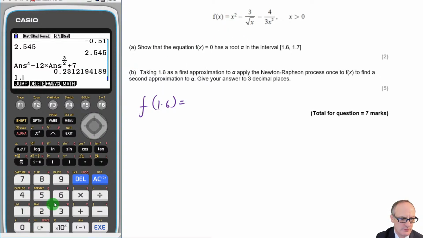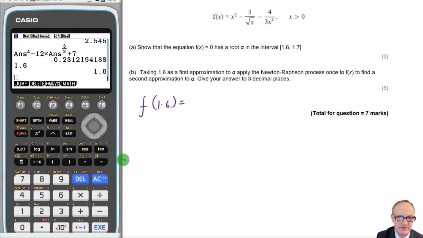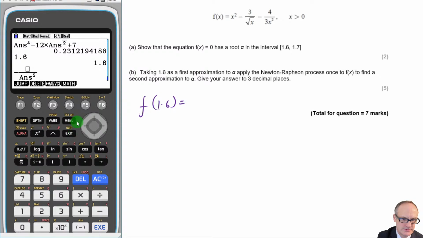So we type in 1.6, remember, press execute, and then we just put an answer everywhere the x is. So press shift, answer, x squared, minus, make a fraction, oops, let's undo that, let's delete, there we go, I just went one too many, so minus the fraction. The beauty of it is you get to see it exactly as it should be on here.